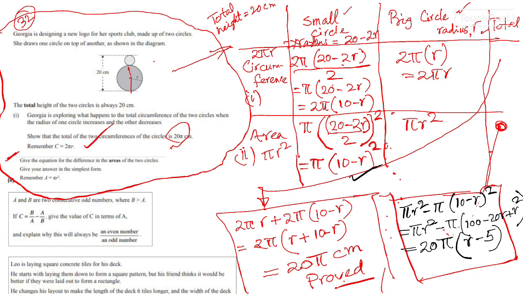So basically I have answered two questions. This is the second part. The difference between the areas of two circles is 20 pi times r minus 5, and the difference will be in square centimeters because the basic unit is centimeter.